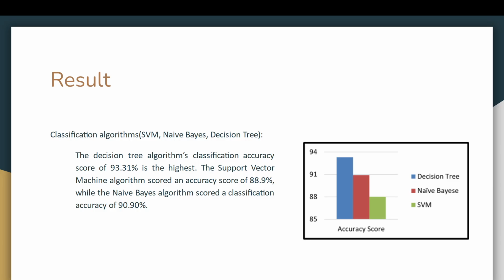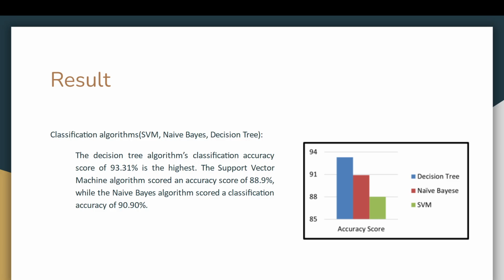Classification algorithms performed on the dataset include naive Bayes, decision trees, and support vector machines. When data points are classified using these different classification algorithms, they achieve different accuracy scores, as shown in the image to the right.